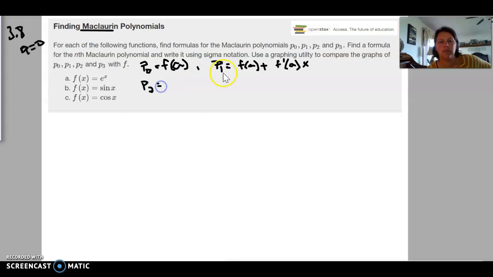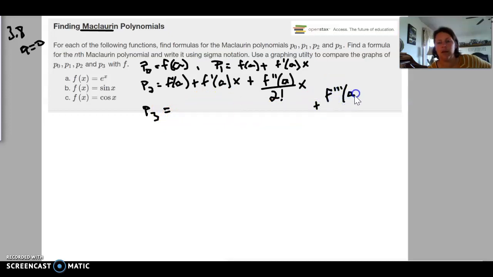P sub 2 is going to equal all of p sub 1, which is f of a plus f prime of a times x plus f double prime of a over 2 factorial times x. And then p sub 3 is going to equal all of this plus f triple prime of a over 3 factorial times x, but whoops, this should have been x squared, and this is x cubed.